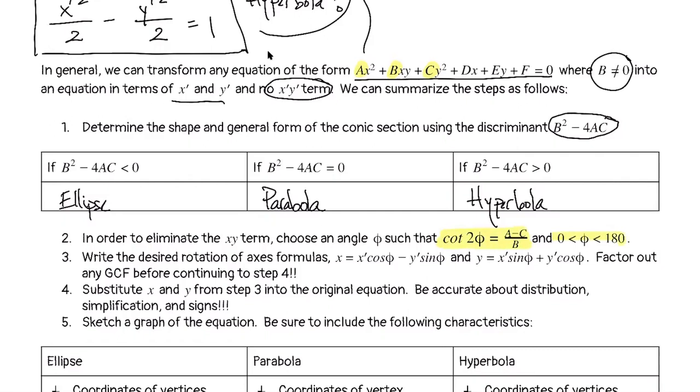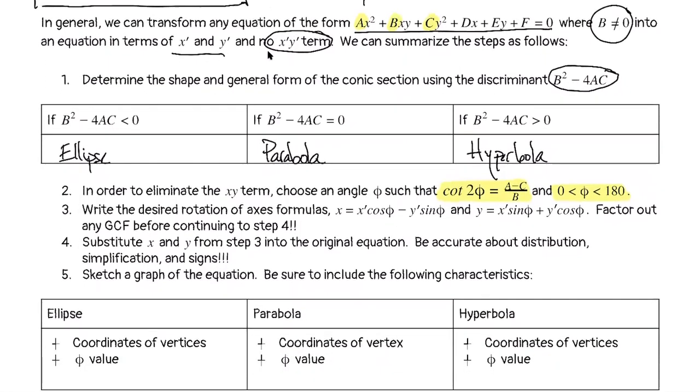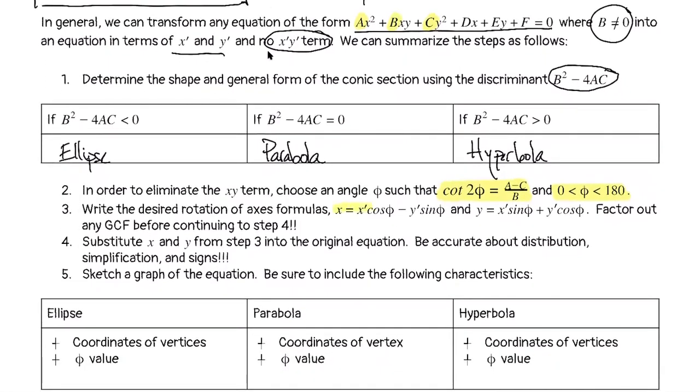And we want to make sure that phi is between 0 and 180. So we're defining the rotation to be between 0 and 180. After we do that, step 3, we're going to write the desired rotation of axes formulas. These are the formulas that I said make sure you get on that cheat sheet.